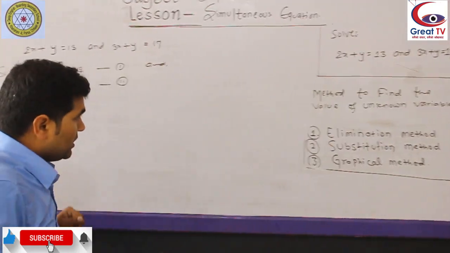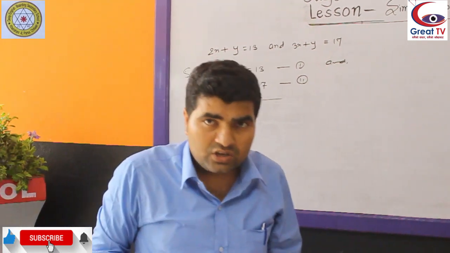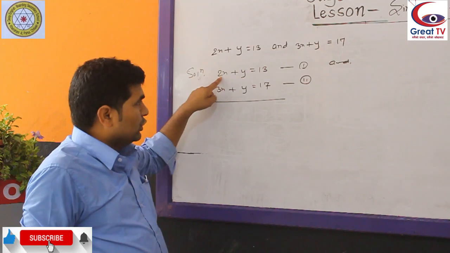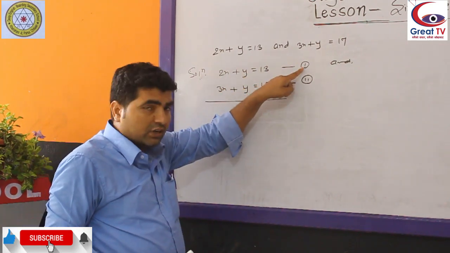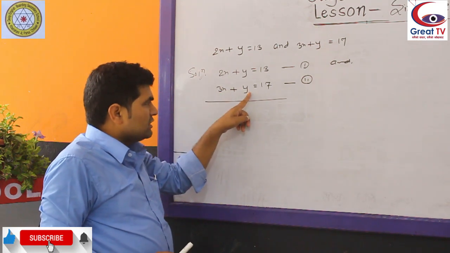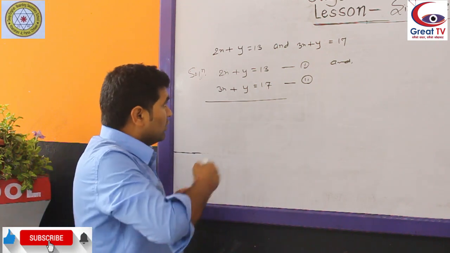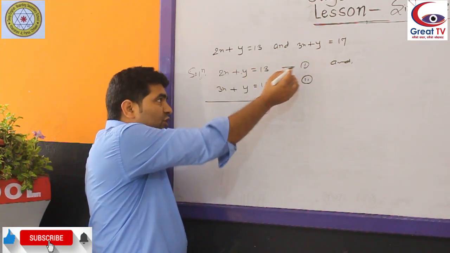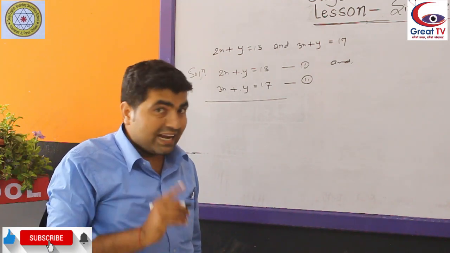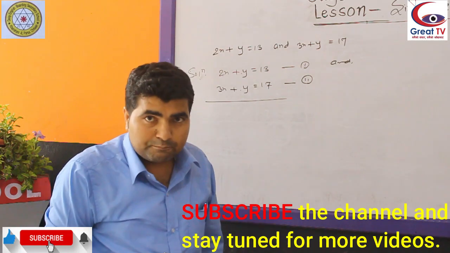By using the elimination method, for that, first try to make the same coefficient of either x or y. Look here, the coefficient of x is 2 and y is 1 in the first equation. Similarly, the coefficient of x is 3 and the coefficient of y is 1 in the second equation. Okay students, now the coefficient of y in the first and second equations are the same. In that case, you can subtract the second equation from the first, or vice versa.